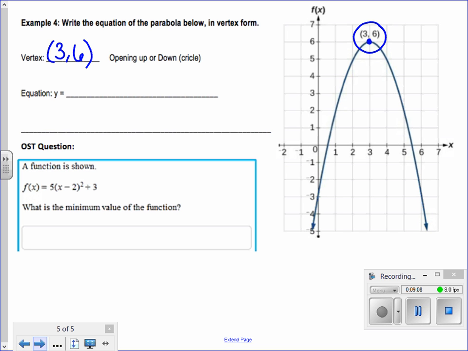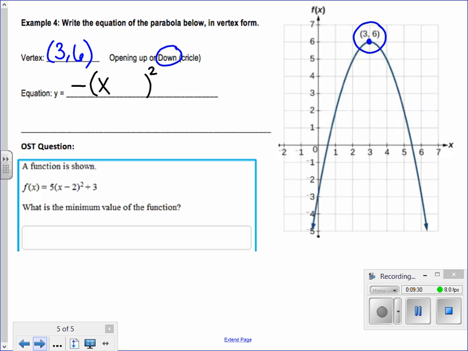Then it asks, is my graph opening up or down? Well, it's opening down. The reason we need to know if it's opening down is because we're going to be writing the equation. And when my parabola is opening down, my equation starts with a negative. Now, all vertex form always has parentheses with an x inside and a squared outside.